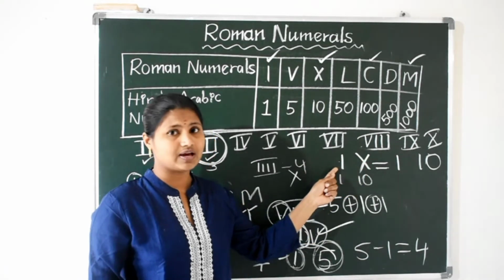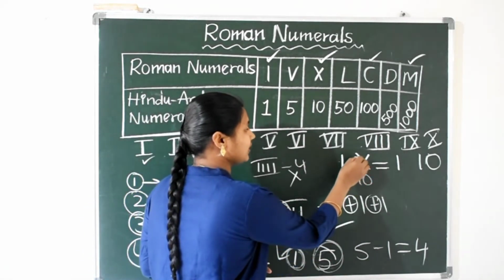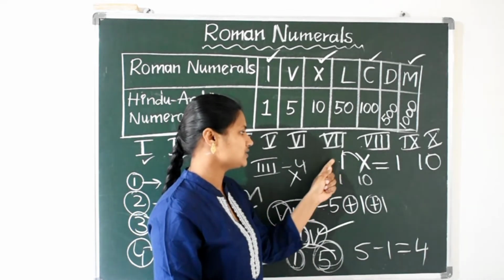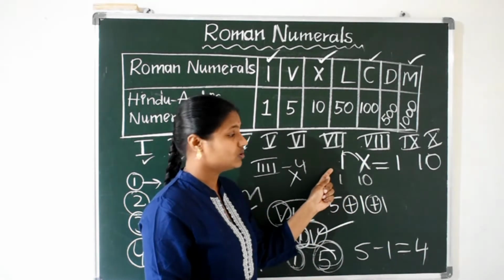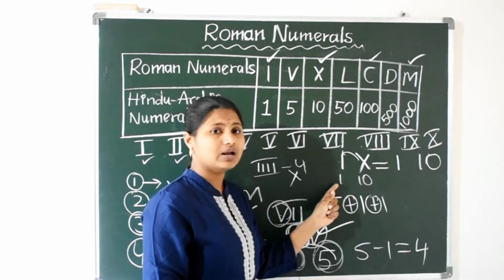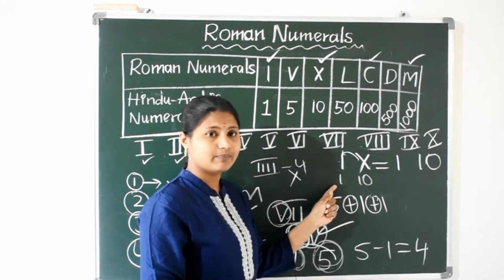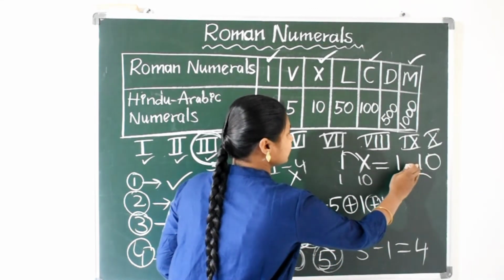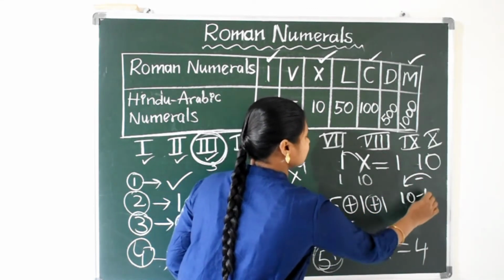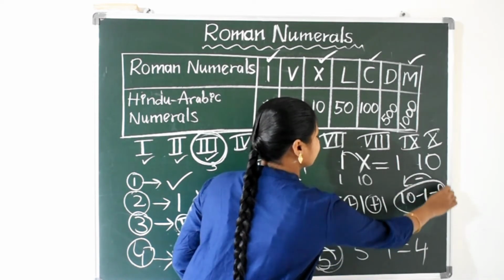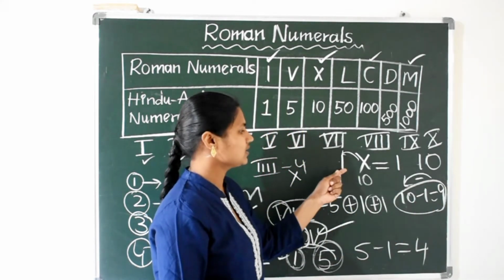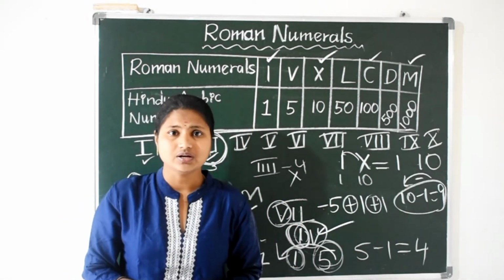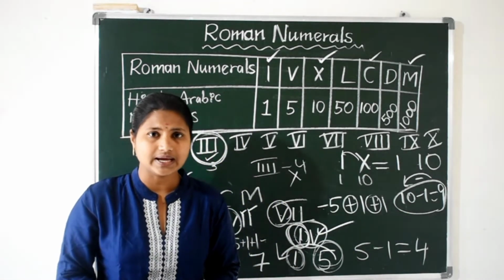If a symbol is placed before the greater value, then we have to subtract the smaller number from the bigger number. So 10 minus 1 gives us 9. So IX means number 9. These are the 4 rules in Roman numerals to read and write.